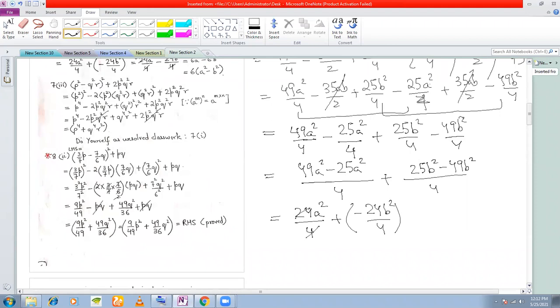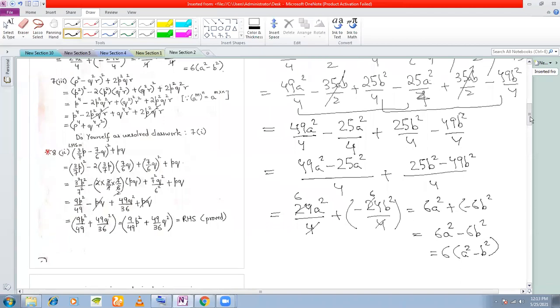Now this will cancel 4, so you get 6a² − 6b², which is equal to 6(a² − b²).